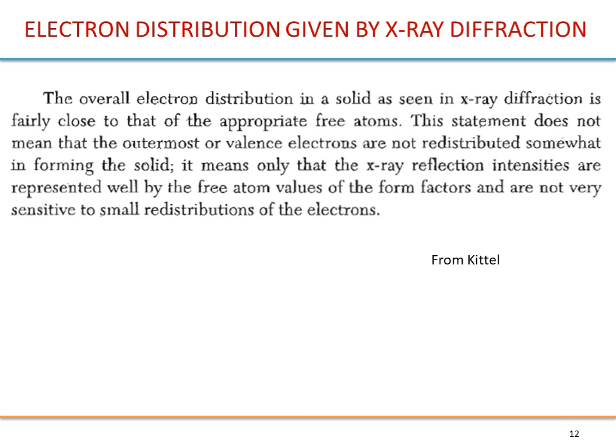So we neglect, in fact, the redistribution due to the forming of bonds. Other techniques can be used, of course, to find where the valence electrons are. It depends on what you want to do, but there are some techniques, of course.